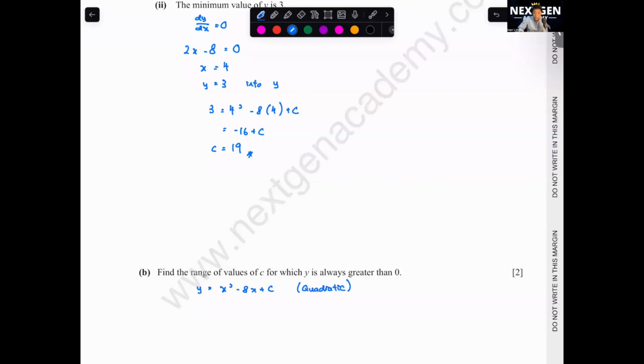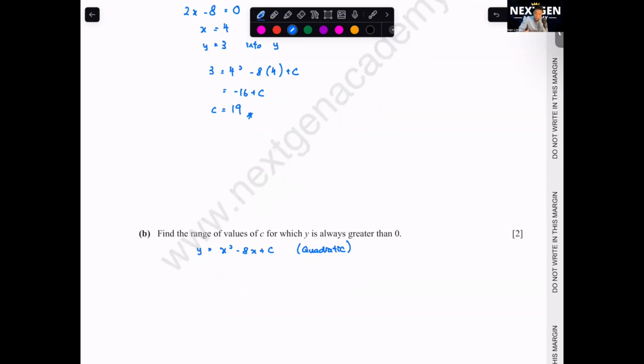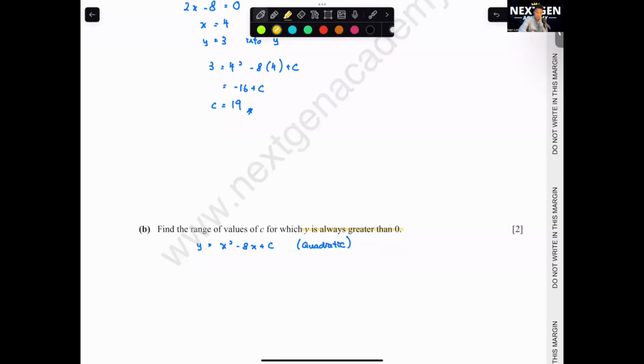A quadratic graph, y is always greater than 0. What does this mean? How does the graph look if y is greater than 0? It's a positive graph, U-shape. What else? Does it intersect the x-axis or not?